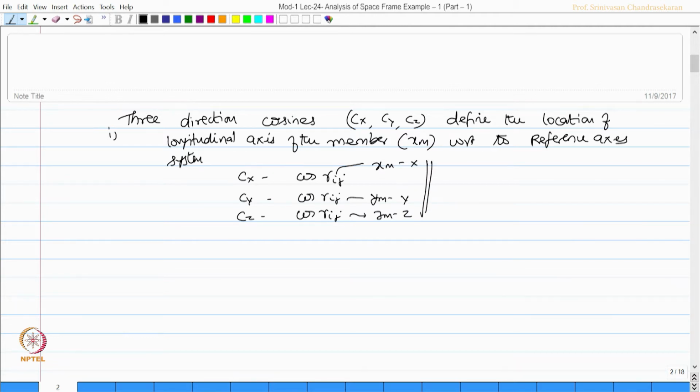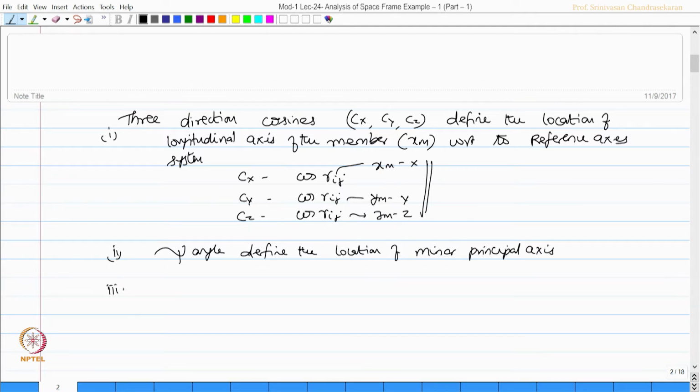In addition, the psi angle defines the location of the minor principal axis.